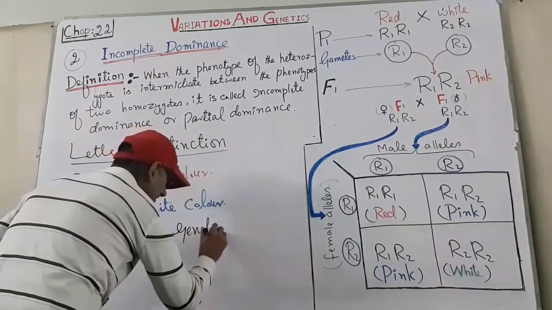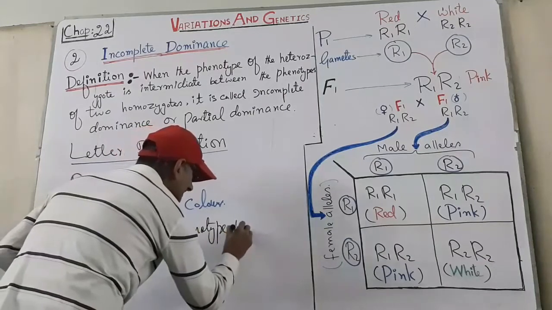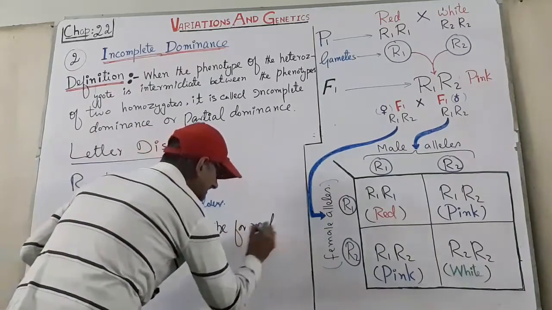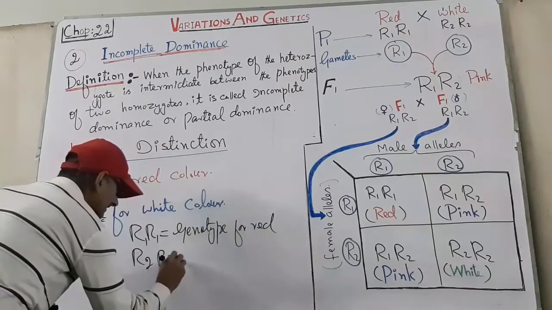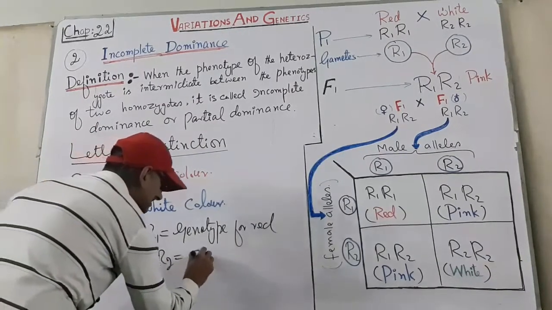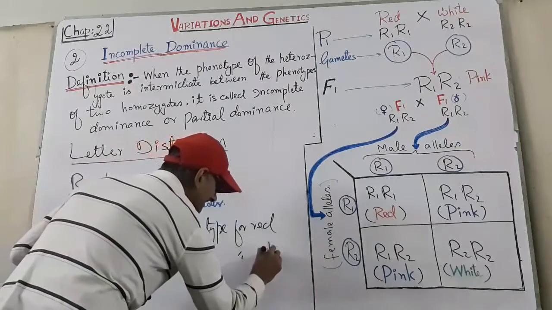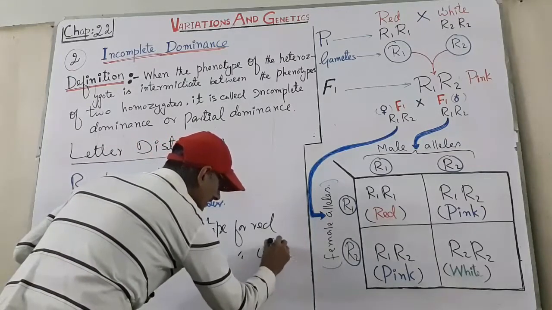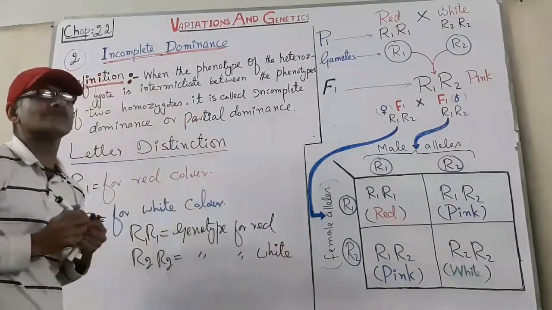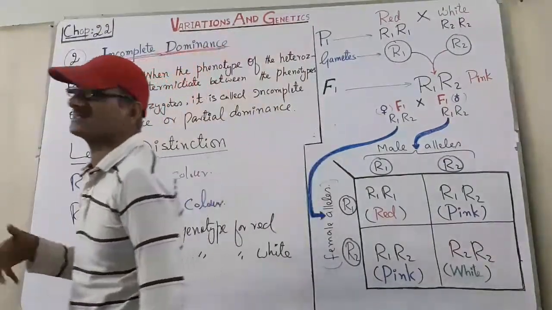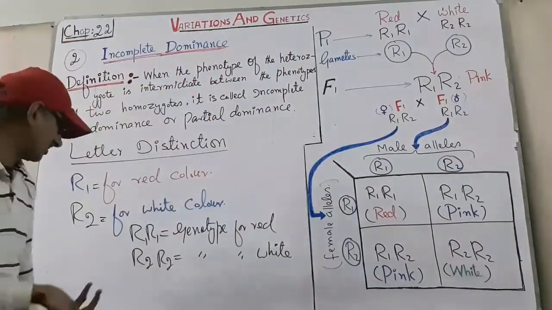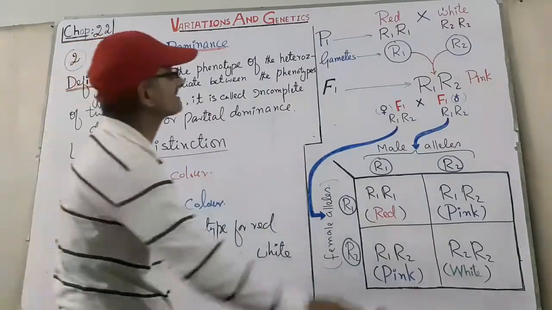Similarly, R2 R2 is the genotype for white, because at least 2 genes or 2 alleles represent 1 character. And so these are the genotypes.